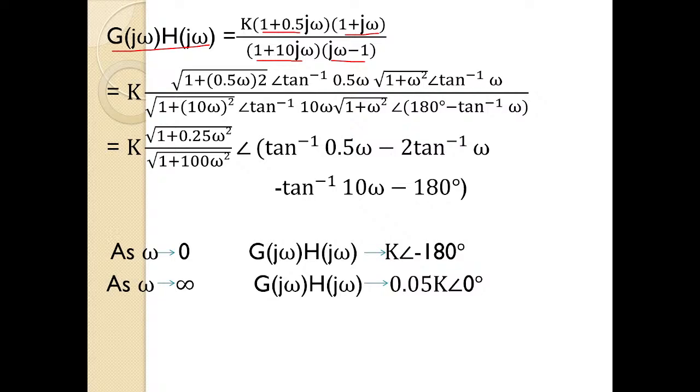J omega minus 1, you can write it as minus 1 plus J omega. I have not written it here, but you people write it down.